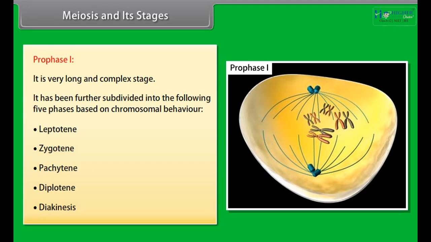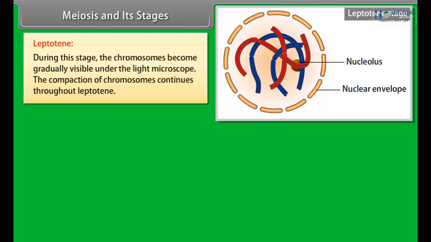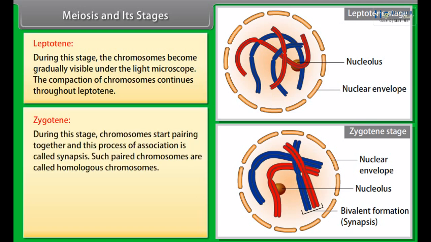and diakinesis. During leptotene stage, the chromosomes become gradually visible under the light microscope. The compaction of chromosomes continues throughout leptotene. This is followed by the second stage of Prophase 1 called zygotene. During this stage, chromosomes start pairing together, and this process of association is called synapsis.